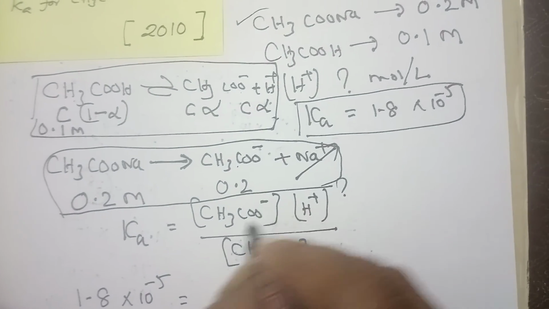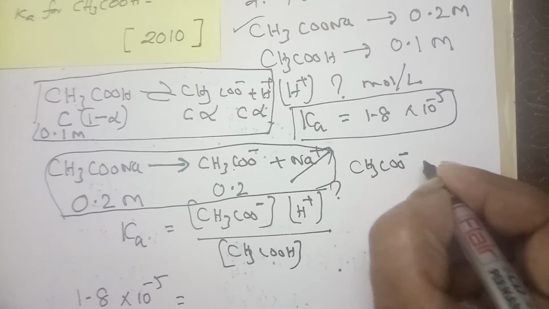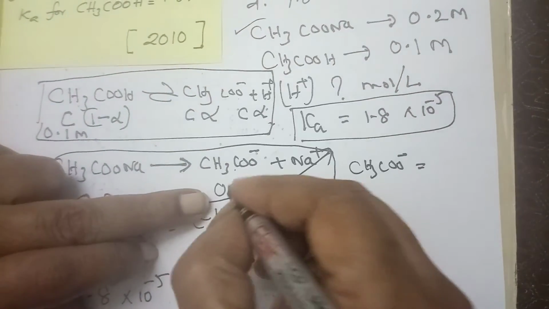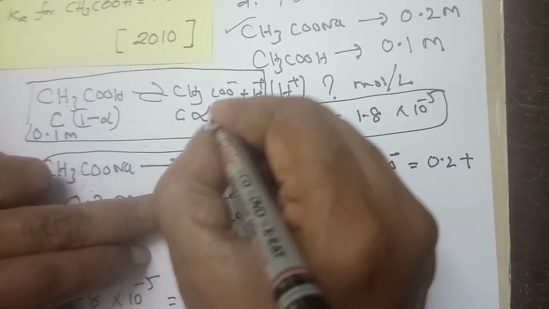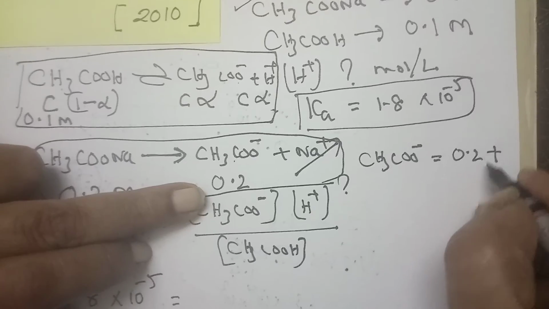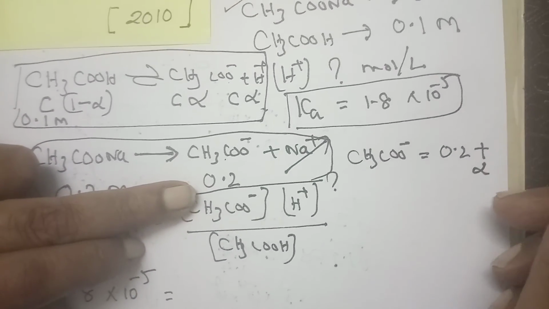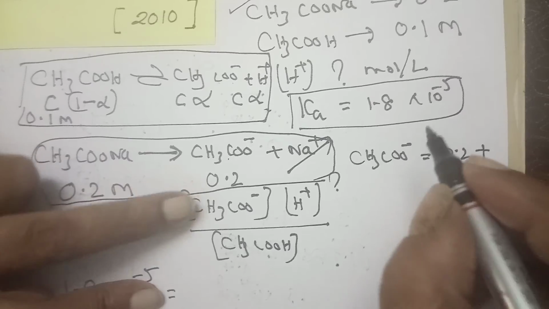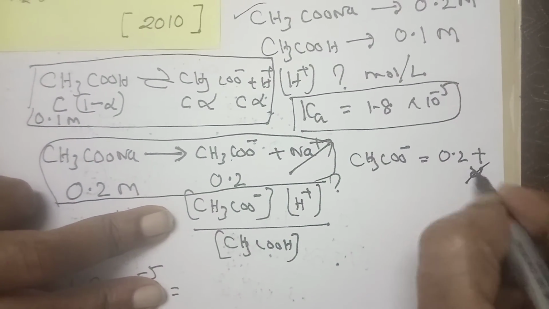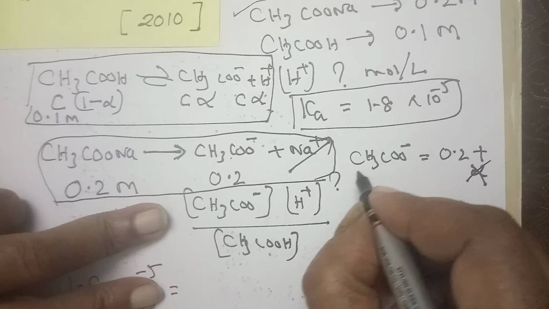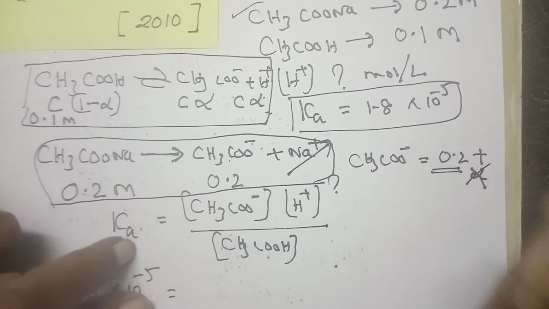So the concentration is the addition of two things: one is 0.2, plus another, which is how much the acid has dissociated, which I can give as alpha, the degree of ionization. Since acetic acid is the weak electrolyte, its ionization is negligible. So instead of the acetate ion concentration, you can write simply 0.2.